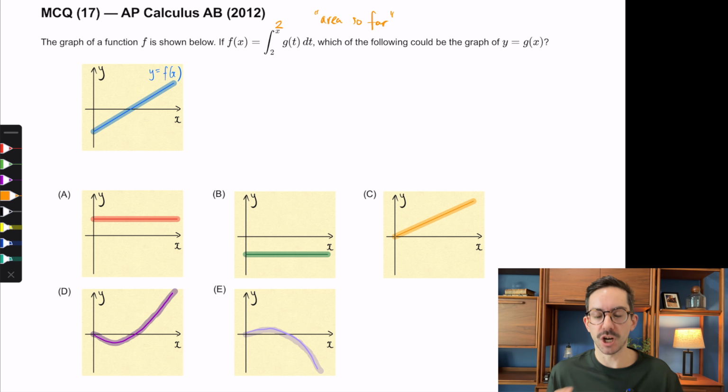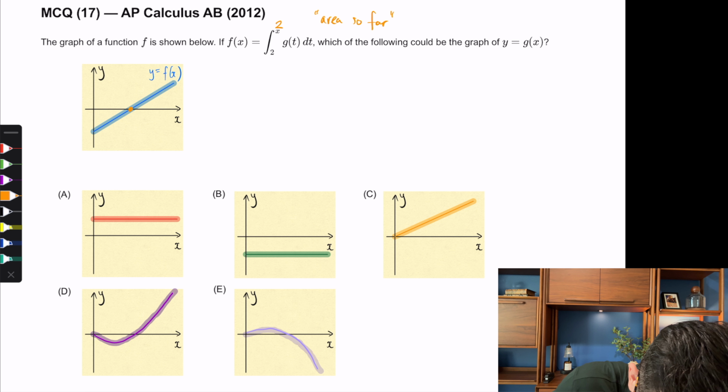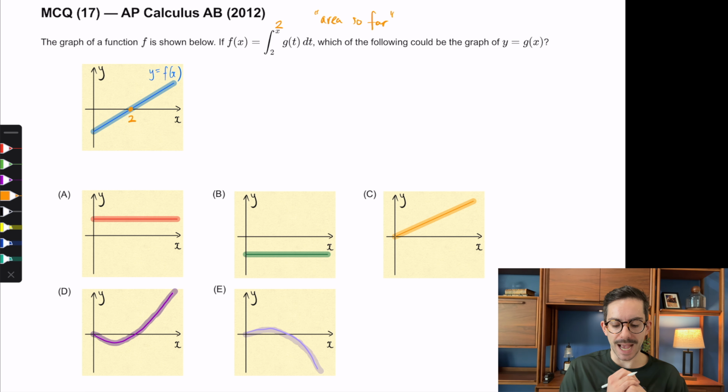Because when I start at 2 and don't go anywhere, the area that my curve has swept out so far is nothing. It's just 0. So that means that this x-intercept is happening at x equals 2.